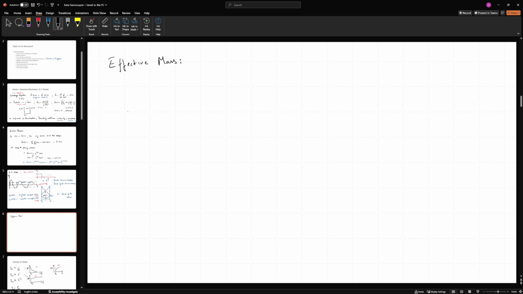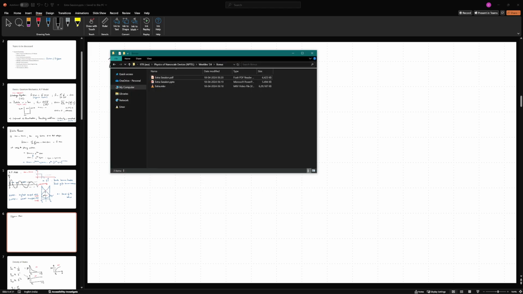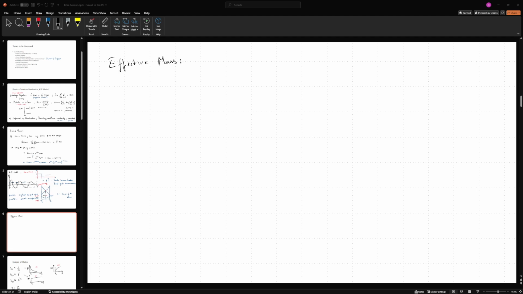Any particle, you know what? Just give me 1 second. I should be able to just open the previous slides and copy that into this.